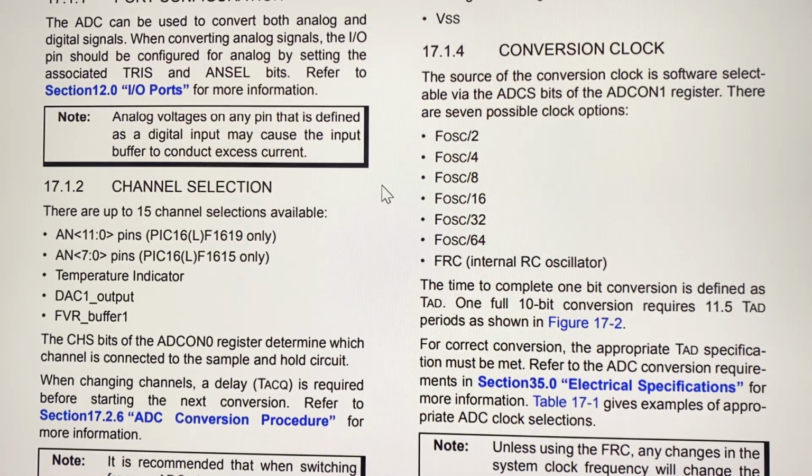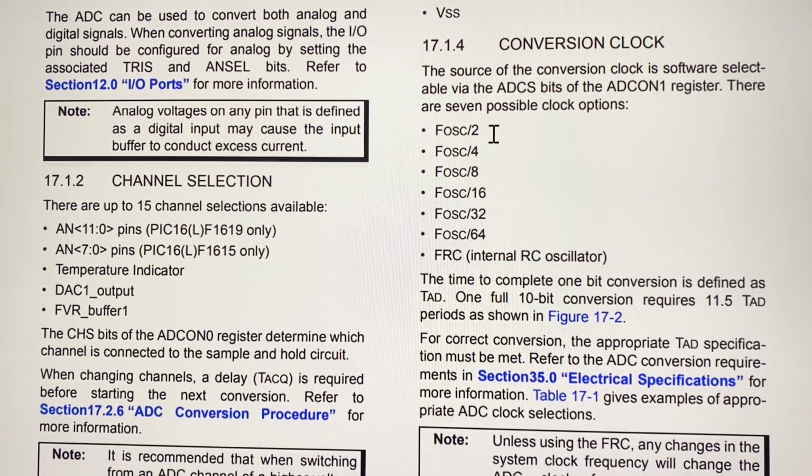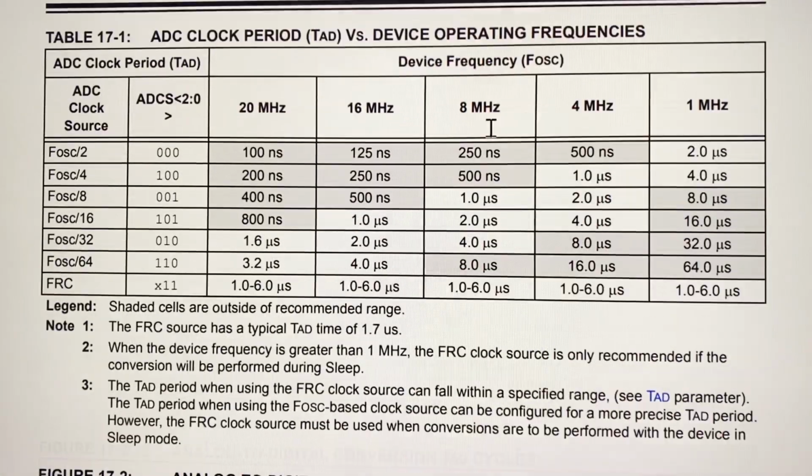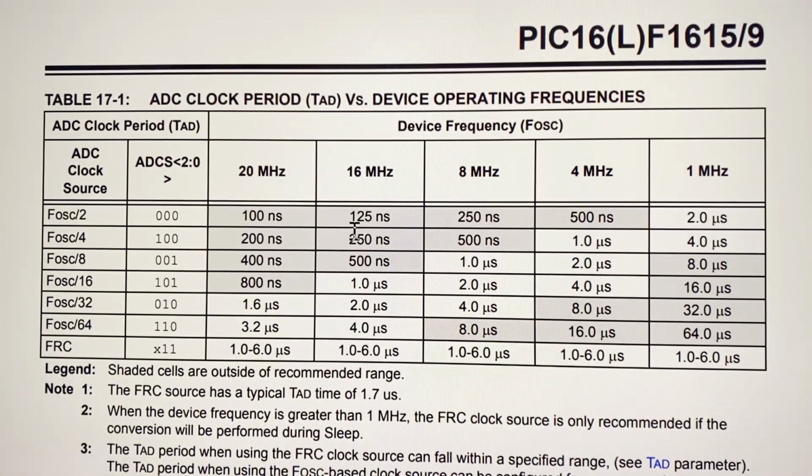And the source of the conversion clock is software selected via the ADCS bits, so we can have many options there. And these are the device frequency operation, and depending on the oscillator crystal, we are working at 4 megahertz, so you select FOSC over 4, so it will take 1 microsecond to have this clock period on the ADC.